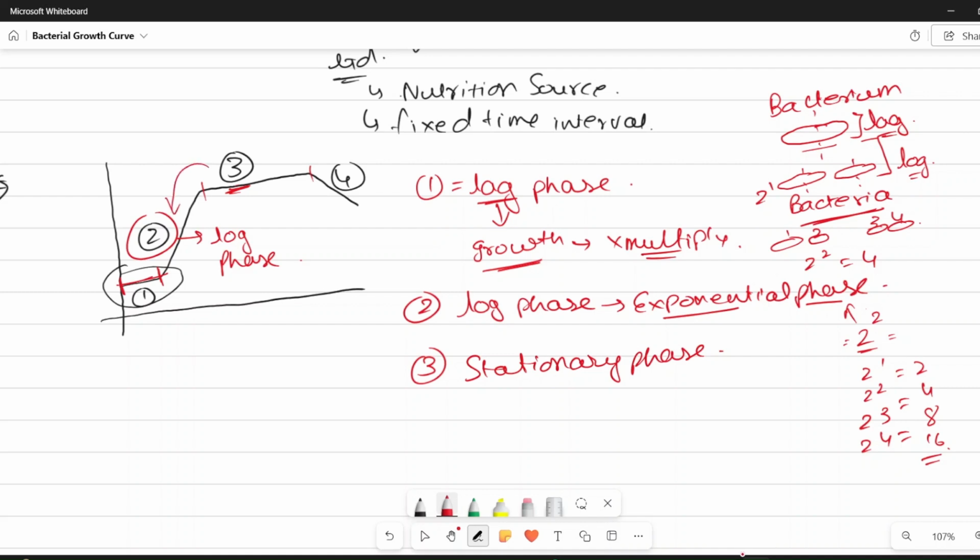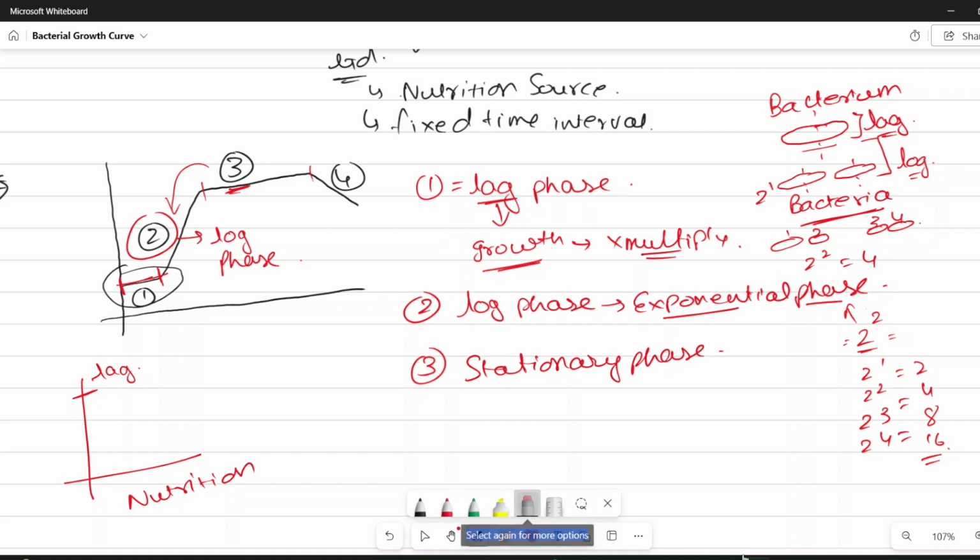So what happens is, if we look at the nutrition, in the initial phase during the lag phase, the concentration of nutrition in the given media is at its peak.